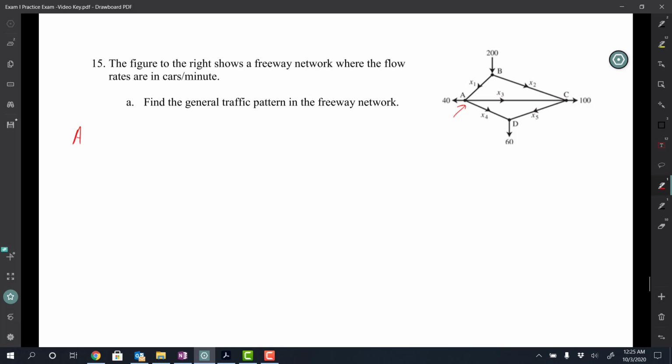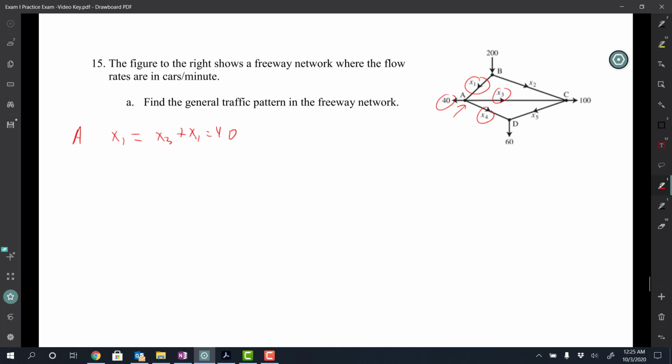So at node A, I have just x1 flowing in, and the inflow of x1 must be equal to the total outflow. The outflow is x3, x4, and 40. That means x1 is equal to x3 plus x4 plus 40.